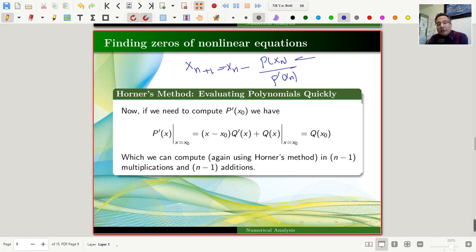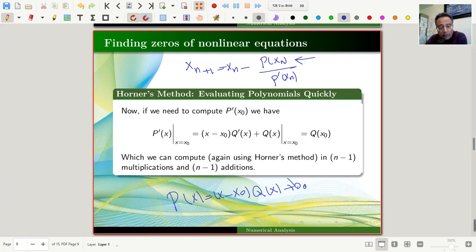We can compute p of xn by Horner's method. It remains to compute p prime of xn. The Horner method has a very simple solution for finding p prime of xn. If we want to compute p prime of x0, we had p of x equal to x minus x0 times q of x plus b0.